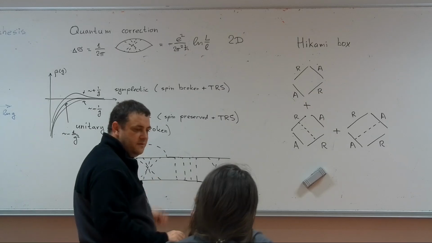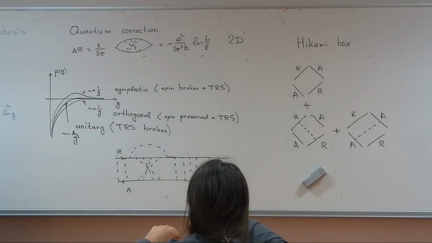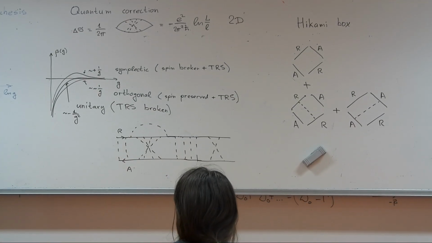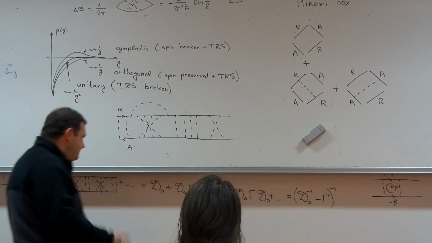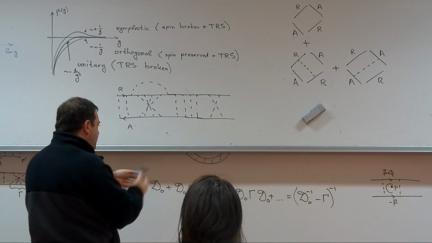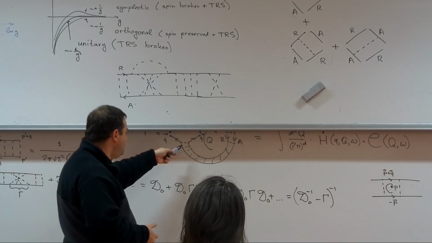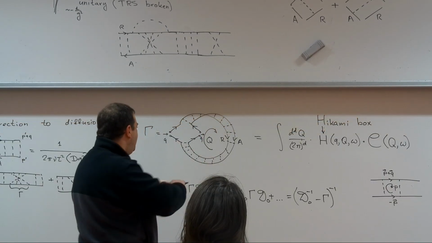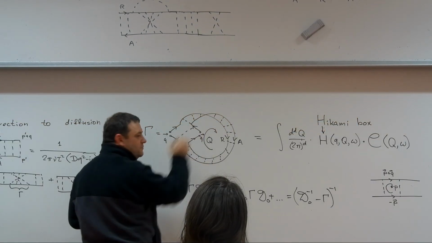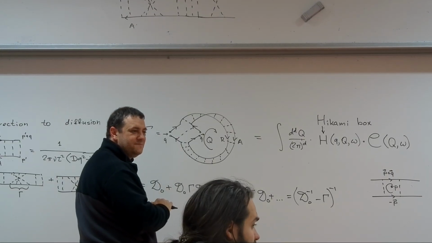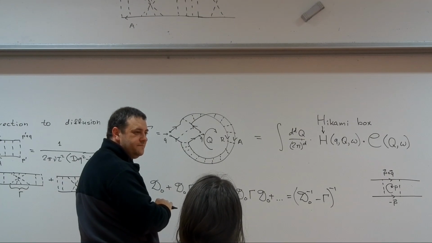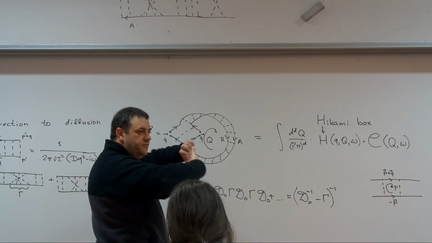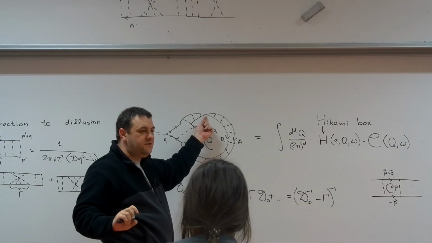In this sense, this ladder has a single crossing here, and if you add an extra line, it will not introduce more crossings. So now we count such crossings.